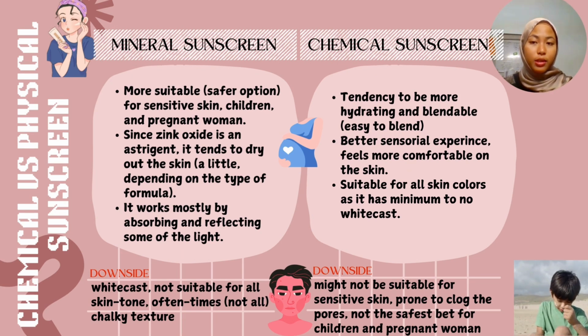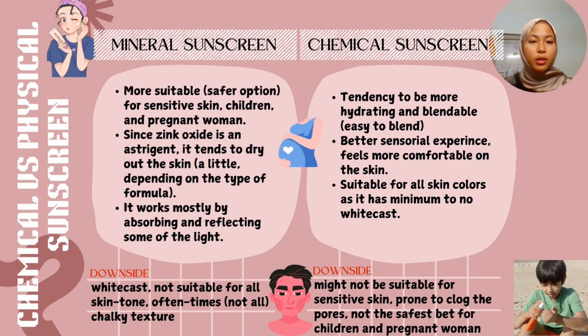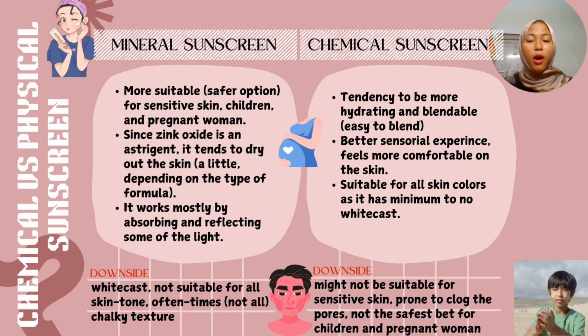Mineral sunscreen is a safer option for sensitive skin, children, and pregnant women. Since zinc oxide is an astringent, it tends to dry out the skin, and it works mostly by absorbing and reflecting some of the light. The downside of mineral sunscreen is the white cast, it is not suitable for all skin tones, and it often has a chalky texture.